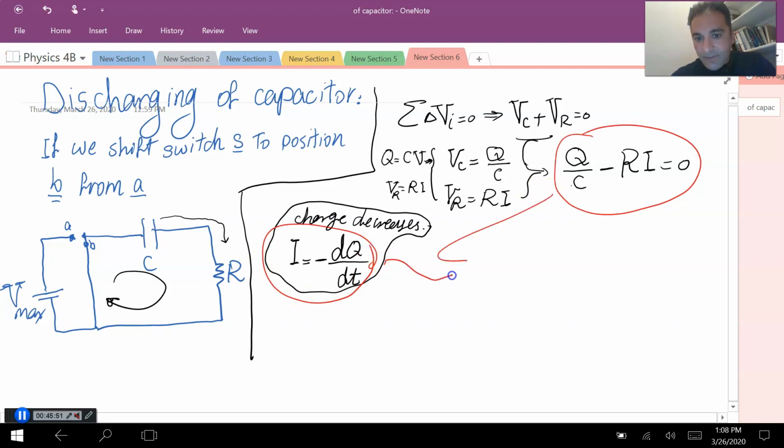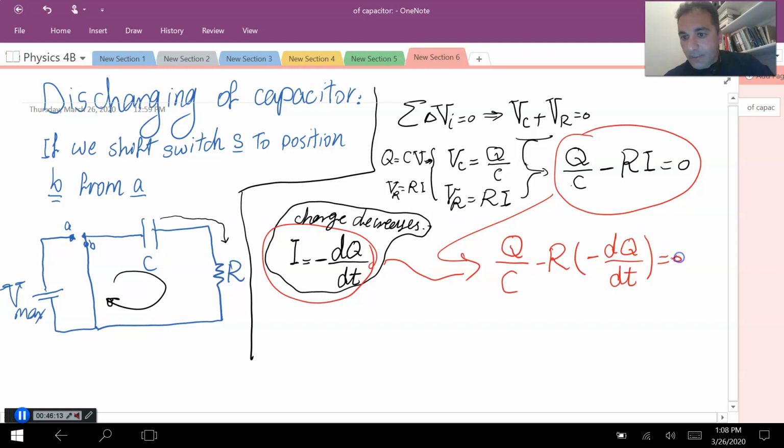So if I use these two, I can have Q over C minus R, instead of I I'm going to put negative dq over dt, equals 0, correct?